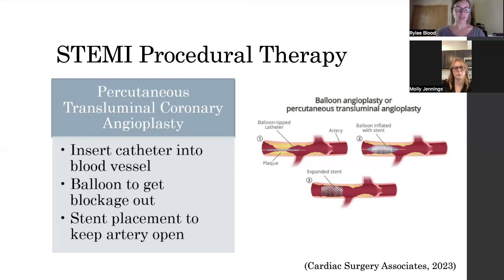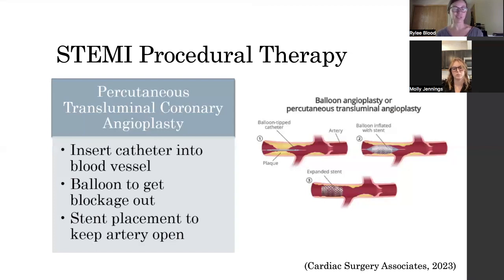A balloon-tipped catheter is advanced into the heart and into the narrow artery that is causing the STEMI, and you can see in the picture there that plaque buildup. The balloon is inflated and deflated several times to compress the plaque and widen the artery. And then blood flow should improve when they decrease the plaque and widen the artery.